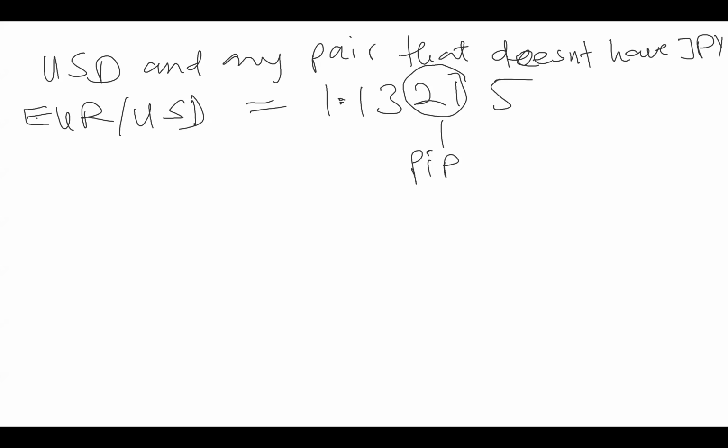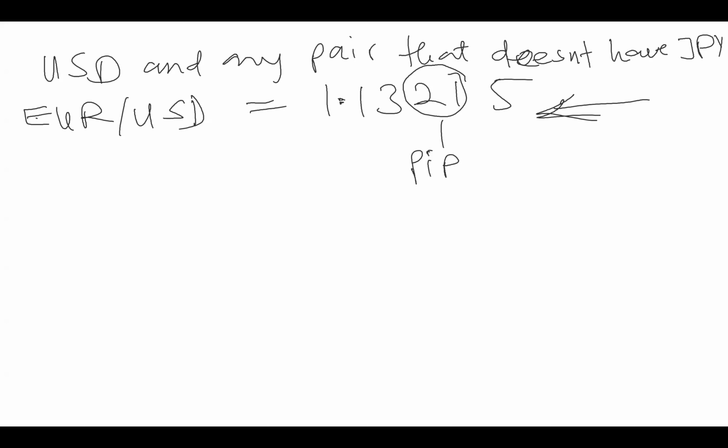So if I say the market moved, this is the current market price, 1.13215. If we're saying the market moved 30 pips, what do you think the current market price of Euro USD is going to be after a 30 pip move?